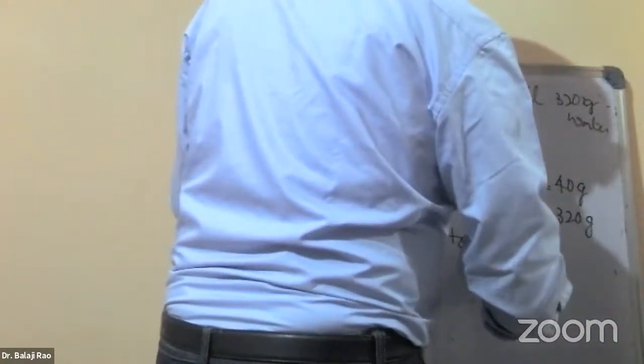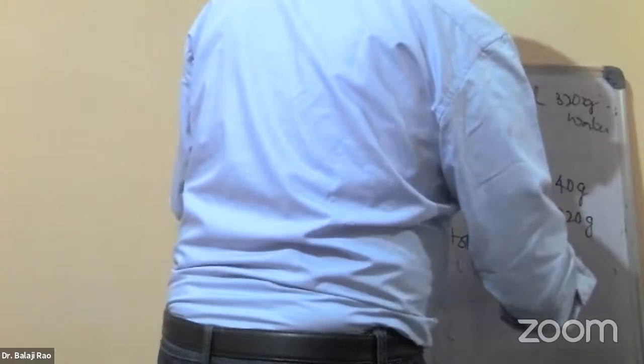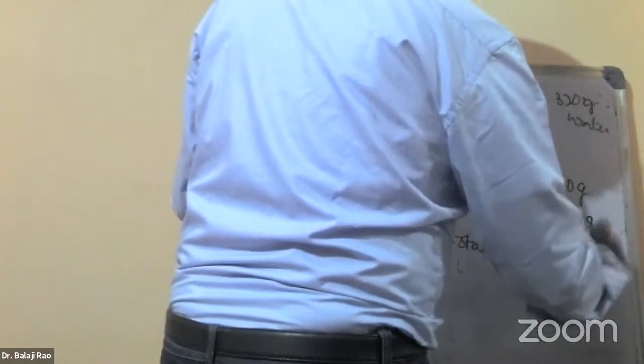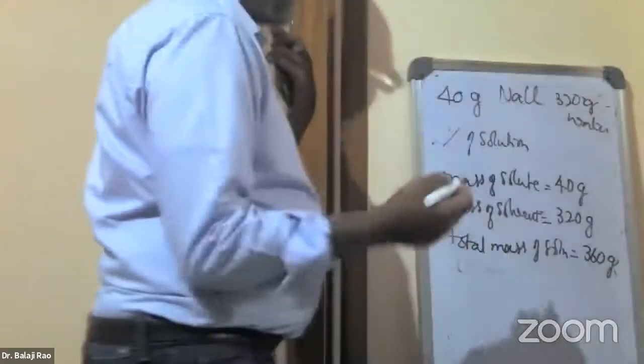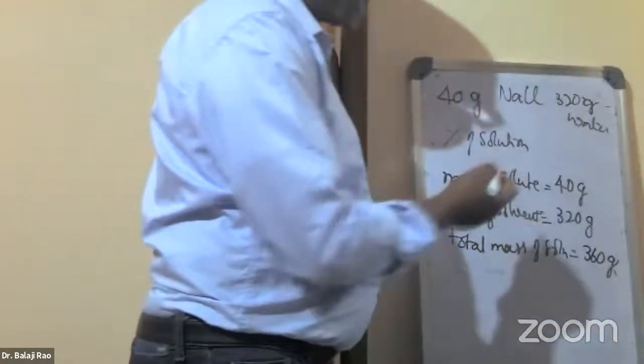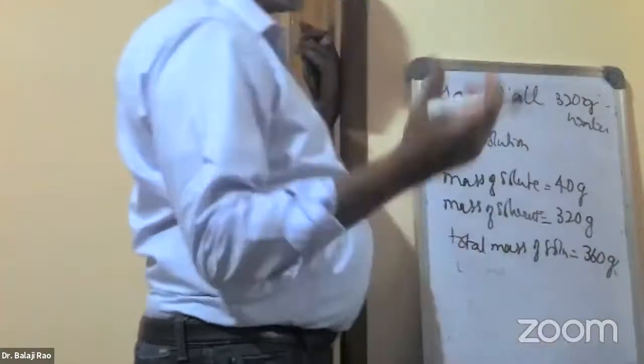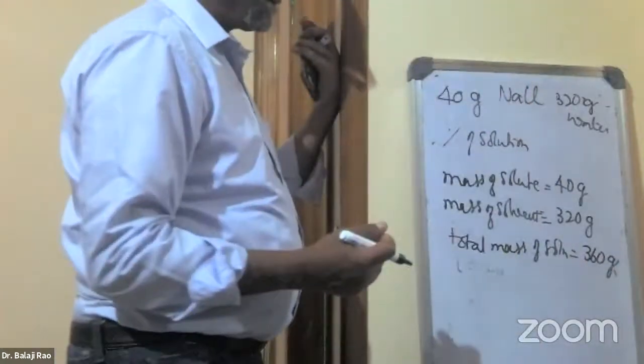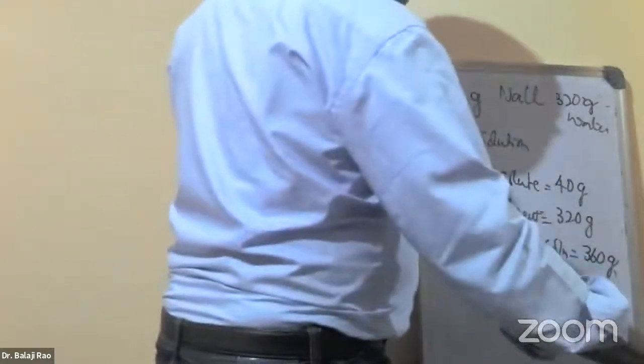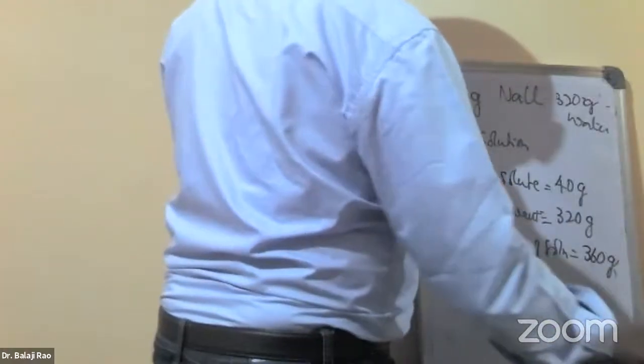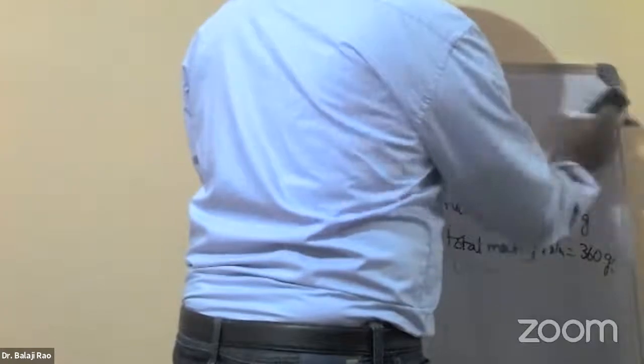So what we do is total mass of solution is equal to 360 gram. Because mass of solute is there, mass of solvent is there, put them together, what you get is a solution that is 360 grams. So now we need to calculate the percentage concentration.